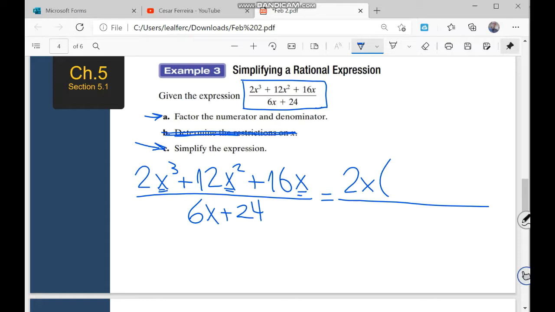Now we can rewrite this as 2x times x squared plus 6x plus 8. Right? And here on the bottom, you can factor out 6 times x plus 4. Agree?